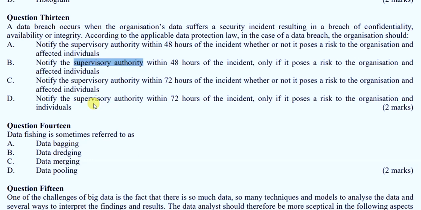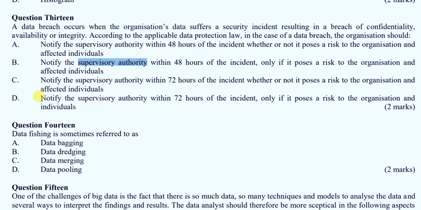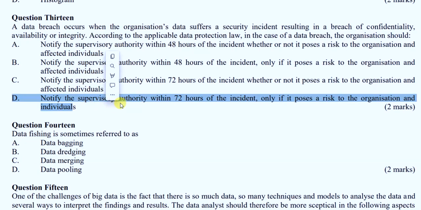But for the purposes of answering this question, the answer is D, which reads, notify the supervisory authority within 72 hours of the incident only if it poses a risk to the organization and individuals.